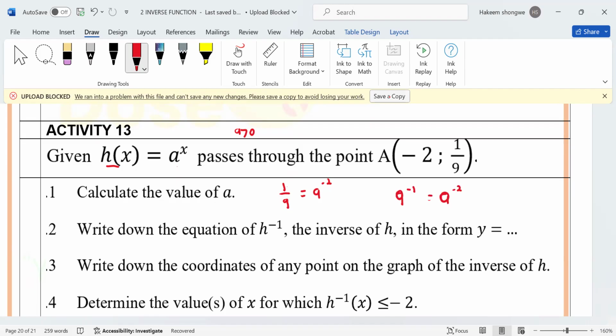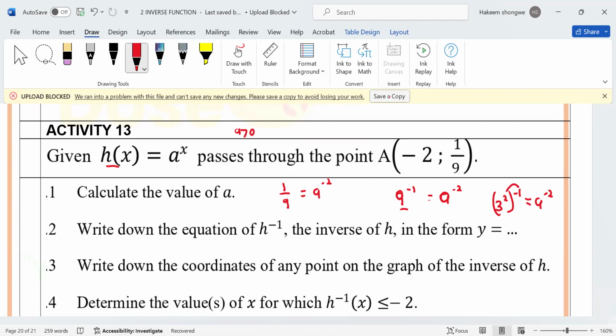It's still fine. But now remember, 9 is not a prime, and we're dealing with exponents. Since 9 is not a prime, you are going to write 9 with a prime base. It means this thing is going to be written as 3 to the power of 2 multiplied by minus 1, which is going to be equal to a to the power minus 2. 2 multiplied by minus 1 is negative 2.